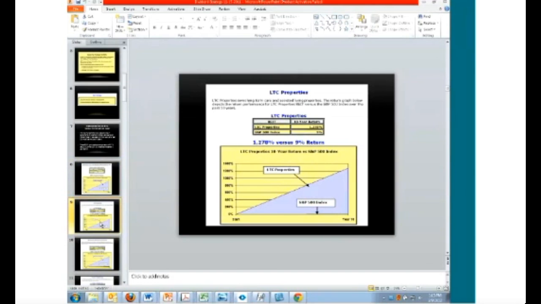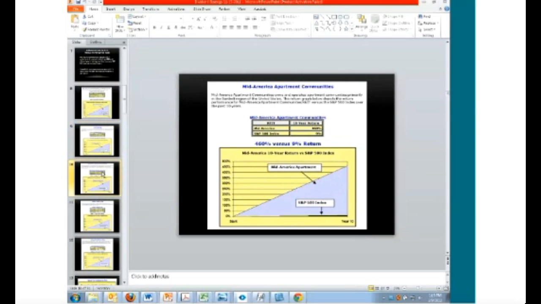Here's LTC Properties. They own long-term care and assisted living properties, and they've had a 1,278% return versus 9% for the S&P. So again, another big outperformance of this REIT compared to the S&P index.